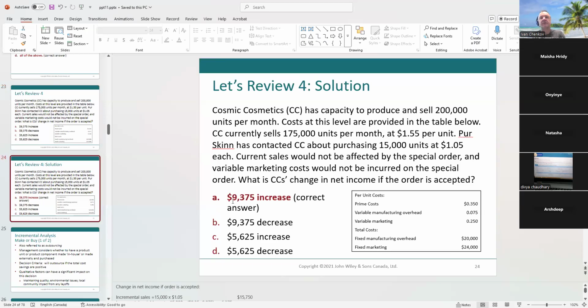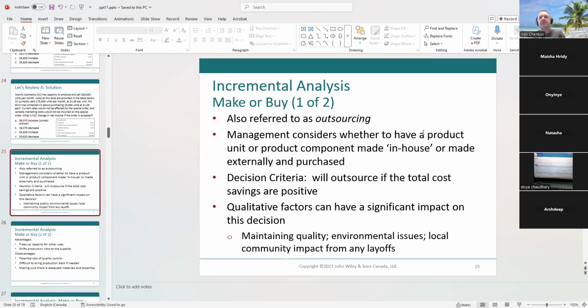Okay, let's go back to the slides. So we found the correct answer, 9375. Now the next thing was make or buy. The decision criteria here is we're gonna buy it as long as the total cost saving is positive.